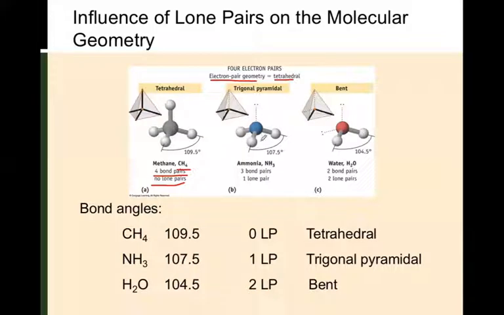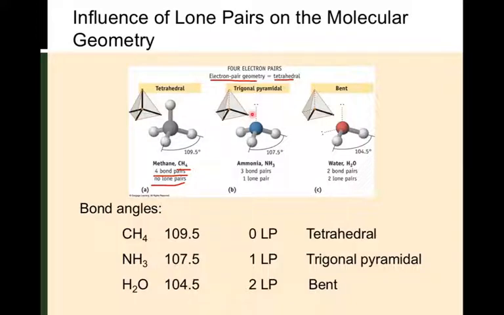So you can see that ammonia is really just methane, but if we remove one of the carbon-hydrogen bonds. Now we have 3 NH bonds, 3 bond pairs, and 1 lone pair at the top. The lone pair takes up more space, so it pushes the other bond pairs together.